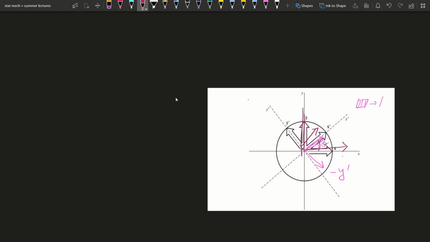If this angle theta is 45 degrees, then x dash can be written as cos 45 plus i sin 45. Cos 45 is 1 by root 2, and sin 45 is again 1 by root 2, so it is 1 by root 2 into some component plus 1 by root 2 into some other component.